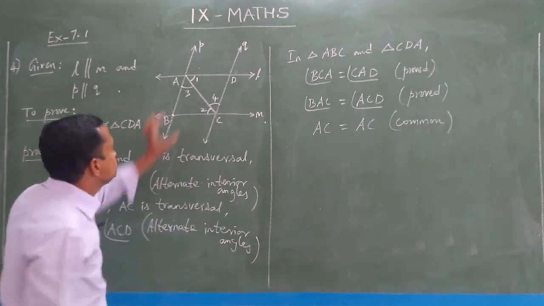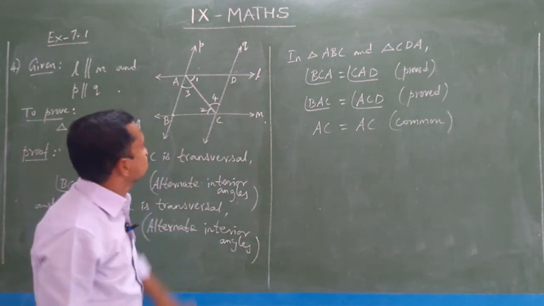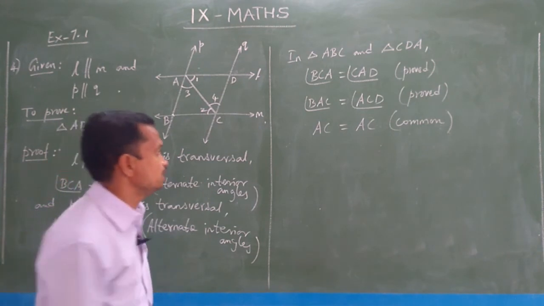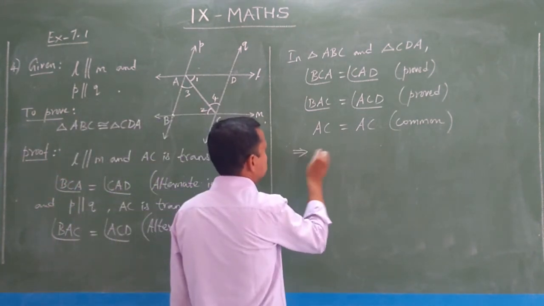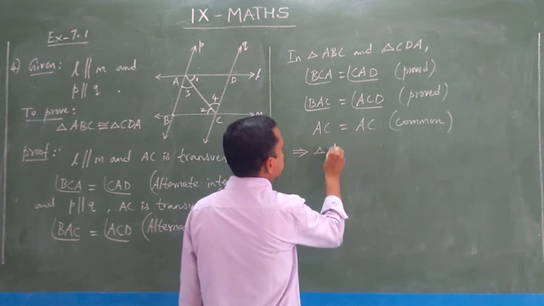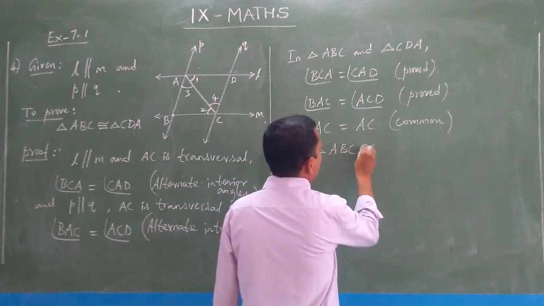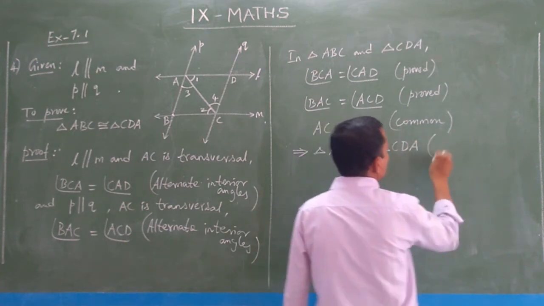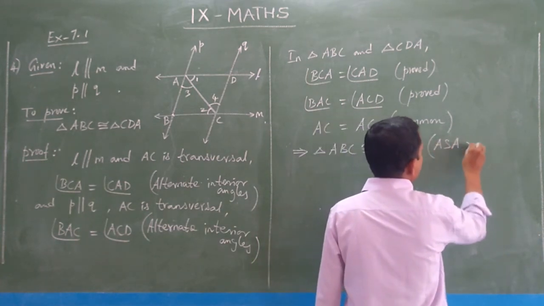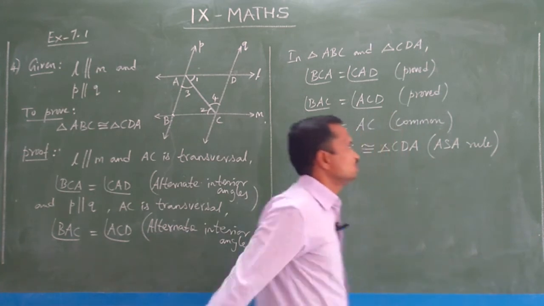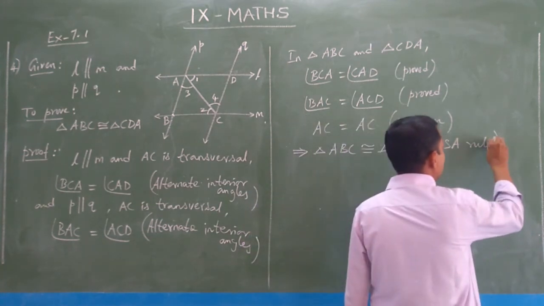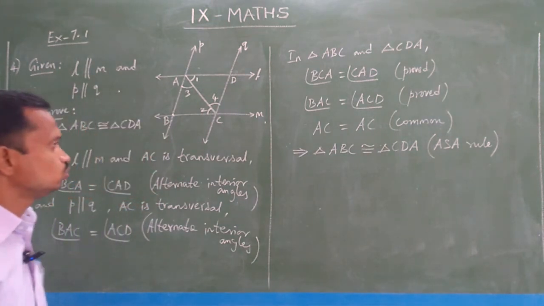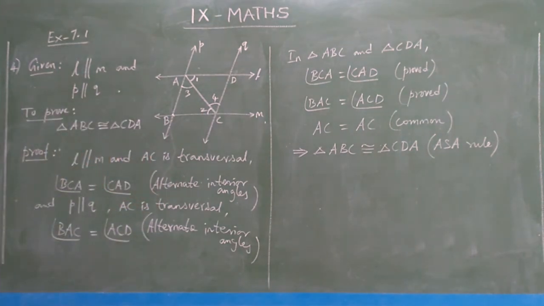And between these two angles, that side AC is there. So included side. So ASA. You can say these two triangles are congruent. By what rule? ASA rule. We can say these two triangles are congruent. Is it clear? So very easy. And move to the next one.